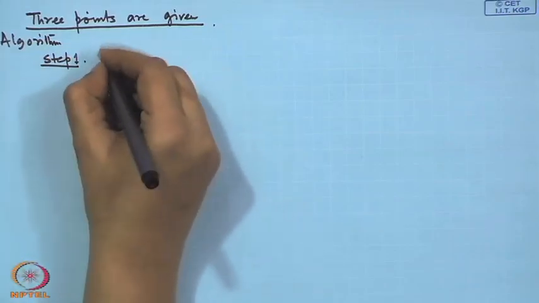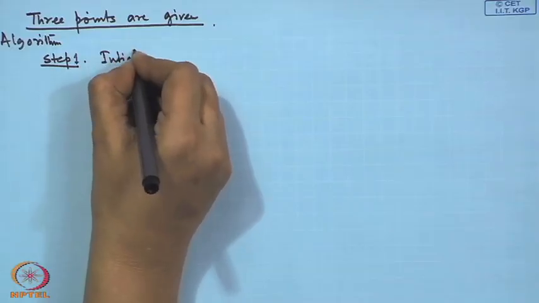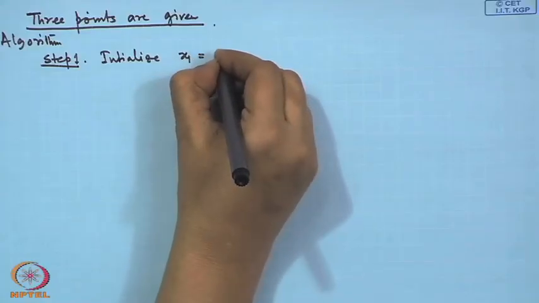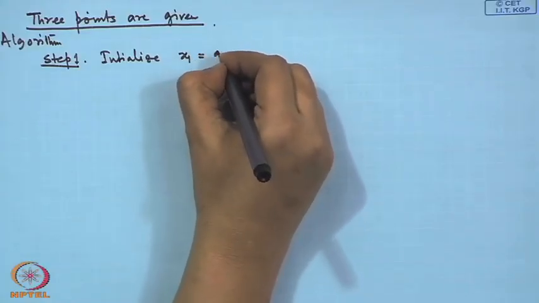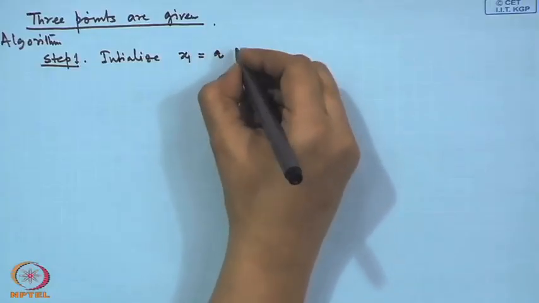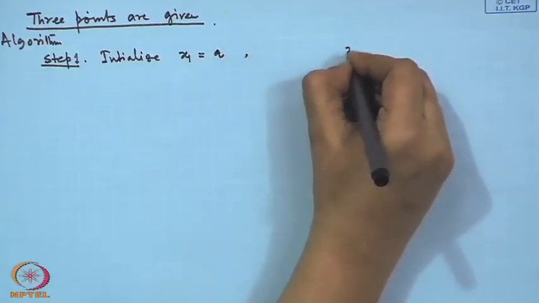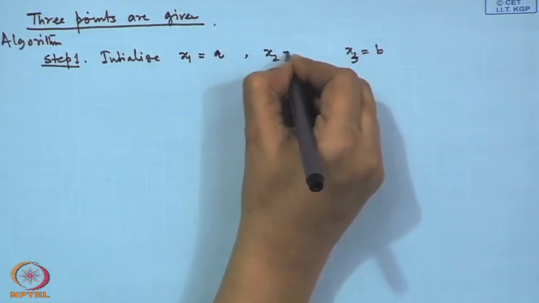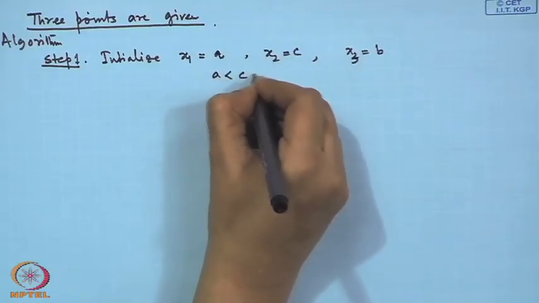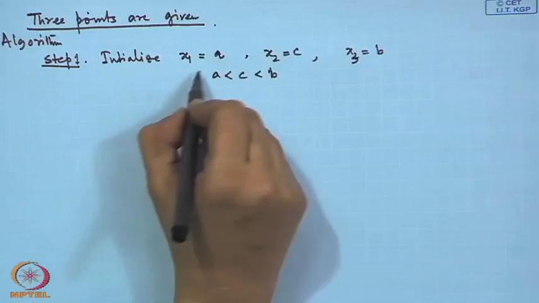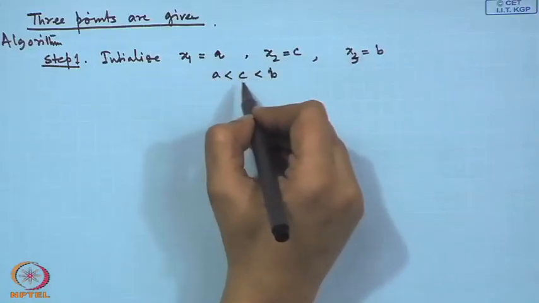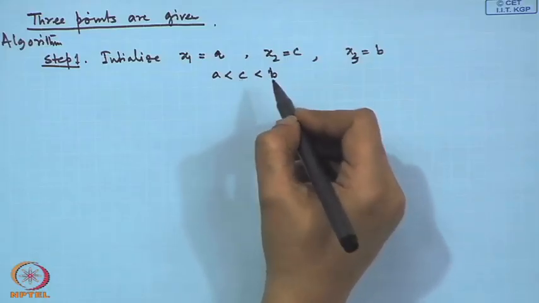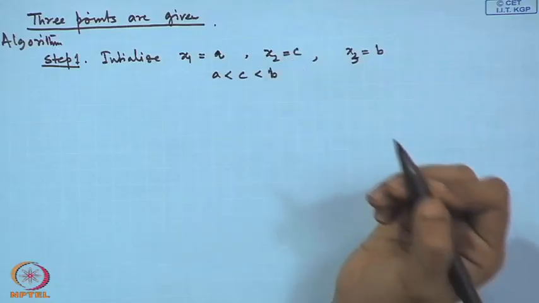Step 1 would be to initialize x1 equal to A, some given value, and x3 equal to B. I can take a middle value here, that is C, where C is in between A and B. That means we are having 3 points here, A, B and C. If C is not given to us, we can take the middle value of A and B. If C is given to us, then we will take C accordingly.